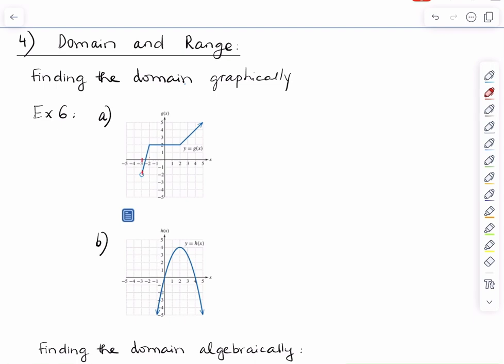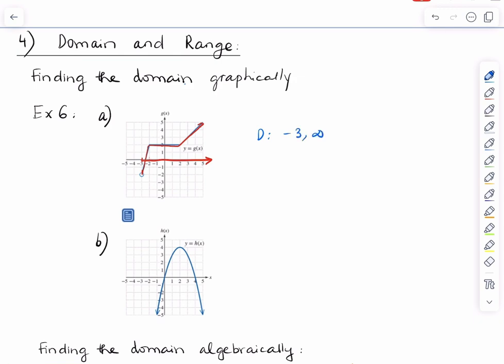So it starts from here. As the graph moves to the right, it takes all the values that go to the right on the x-axis, and that is all the way to infinity. So the domain here should be from -3 to infinity.